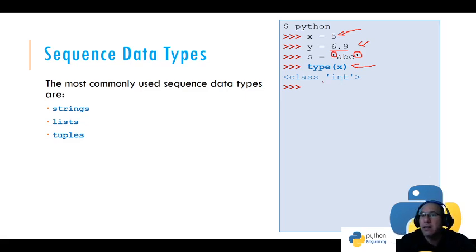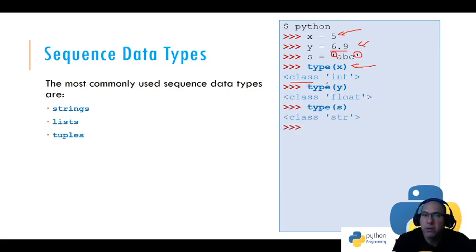Int is short for integer, and the main point here is class. Class means everything in Python is an object, and every variable is a reference to that object, even for simple variables such as integer, float, or strings. When we call type with y, we got class float.